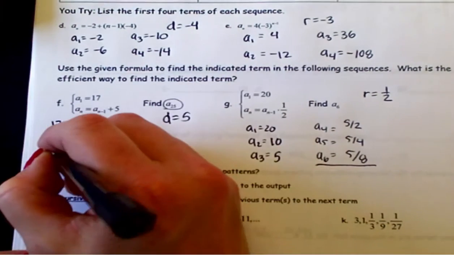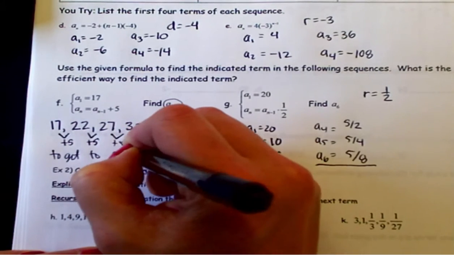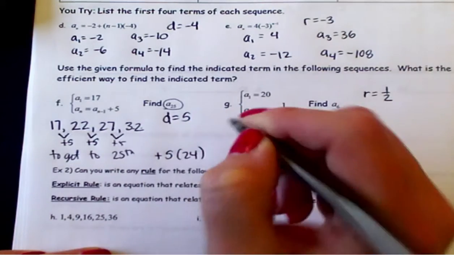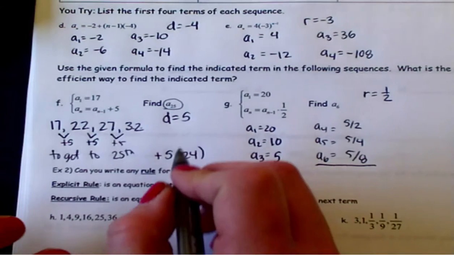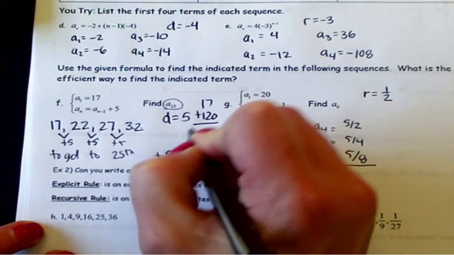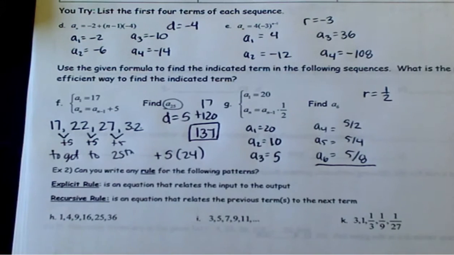And so, to get to the 25th, add 5 24 times. 24 times 5 is 120. So 17 plus 120, so we get 137 as our 25th term.